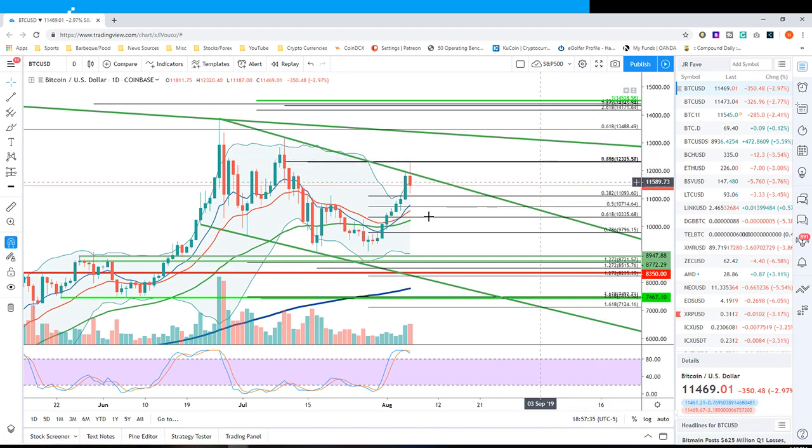A fib cluster is when you draw multiple Fibonacci's from different areas, and when you get something that lines up on each other, like right here, that's resistance. It can be support depending on how you draw it. If it's in a downtrend, it can be support. But this was obvious resistance.